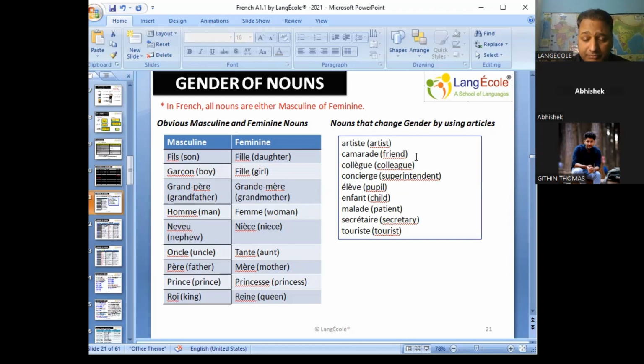Usually even designations, like designated officer or tourist. These kinds of nouns are gender neutral, where you can put articles and then define if it is masculine or feminine.